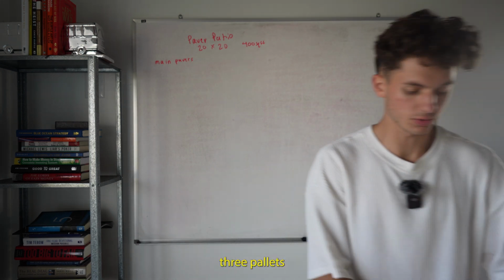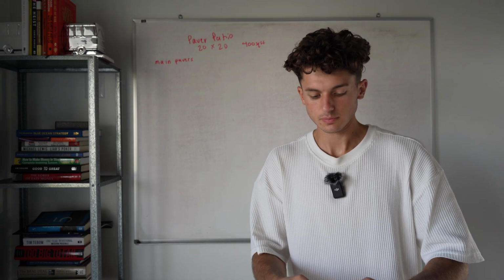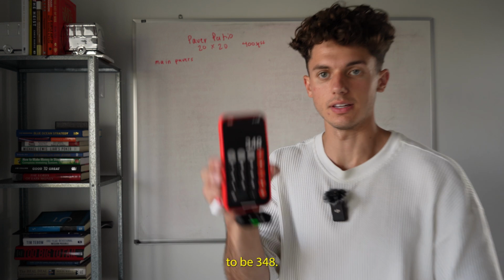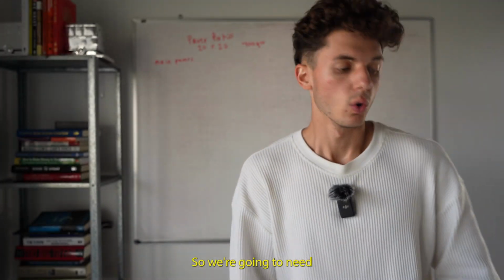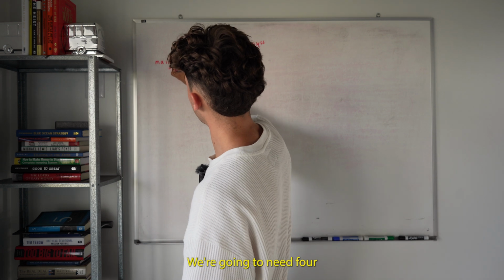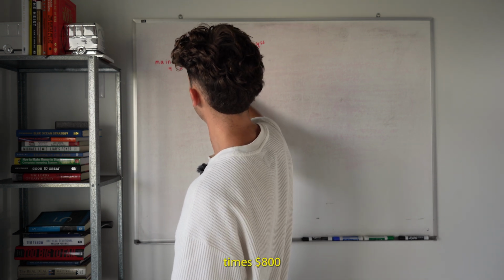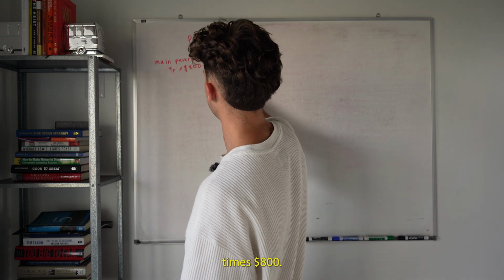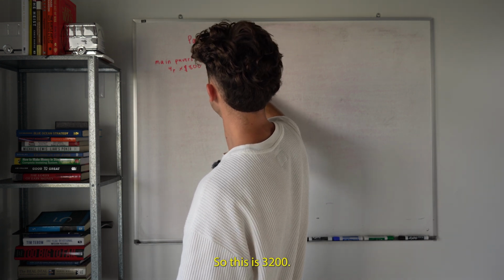And if you just do 3 pallets, 116 times 3, it's only going to be 348. So we're going to need more than that. We're going to need 4 pallets, 4 times $800. So this is $3,200.